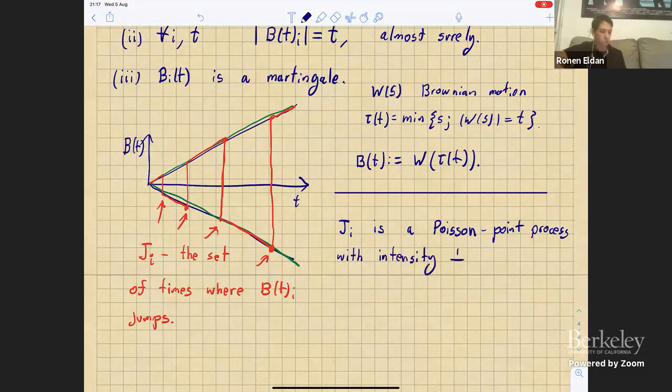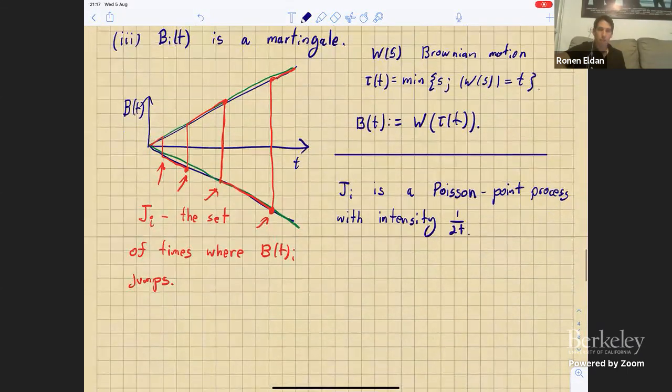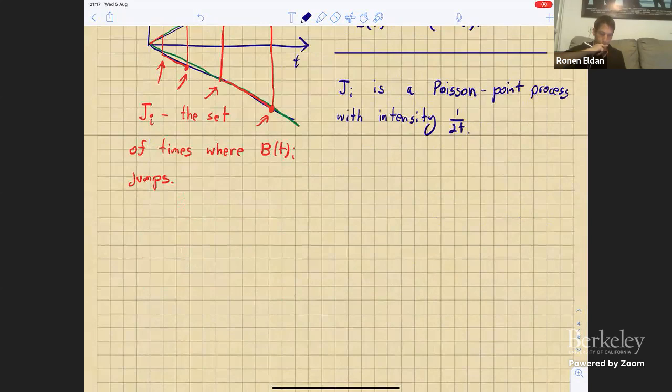What does this mean? So J sub i is a random subset of the interval 0, 1, and it's uniquely defined by the following properties.